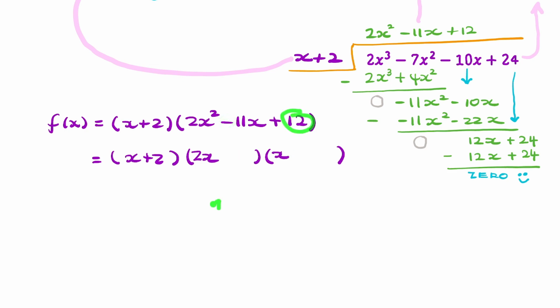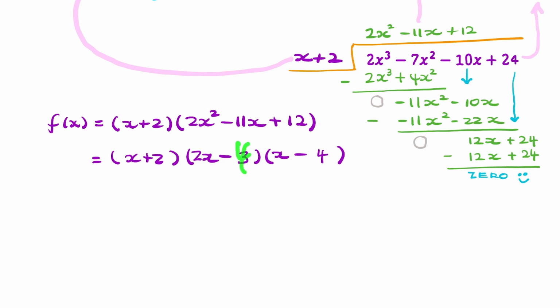And 12 is either 6 times 2, or 4 times 3, or 12 times 1. And because we have an 11x, it's fairly clear that you're going to have a 3 and a 4, so that you can have an 8 and a 3, or a negative 8 and a negative 3 that add up to 11. If this isn't clear, a little bit of trial and error.